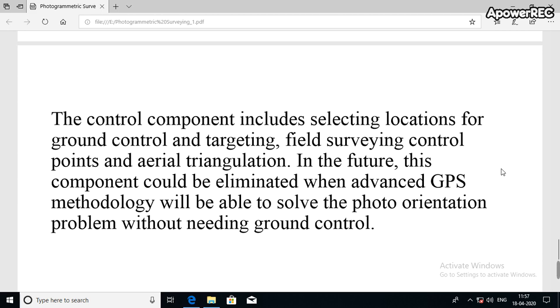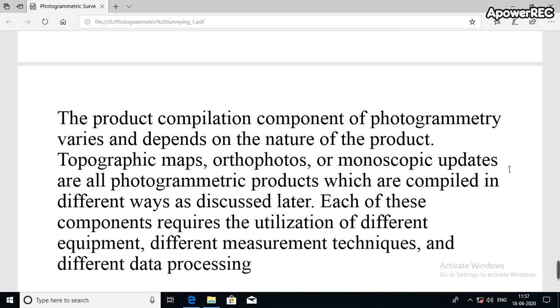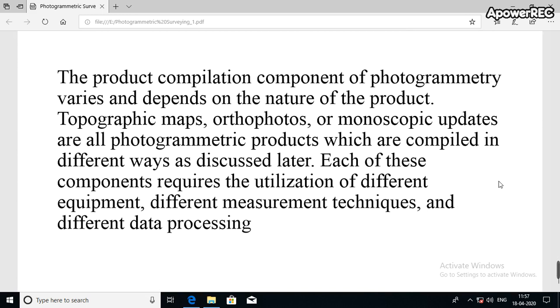Ground control means we need to select some control points on the ground where we will be collecting the image. If we get the exact location with the help of GPS, we can easily remove this step.